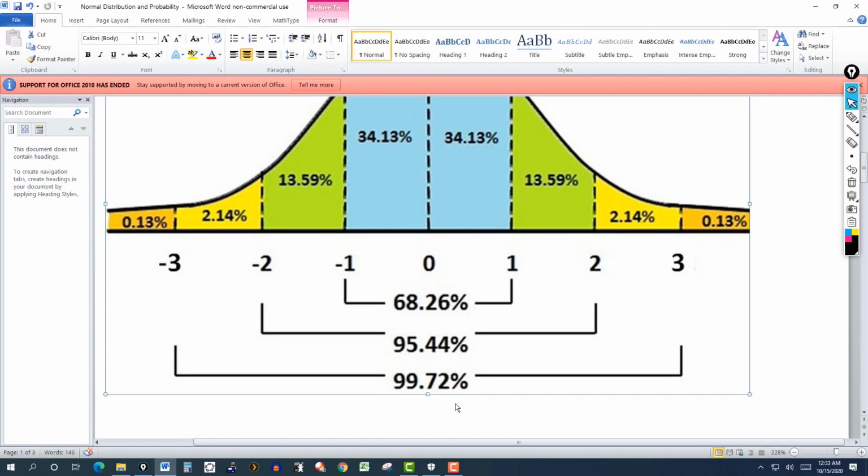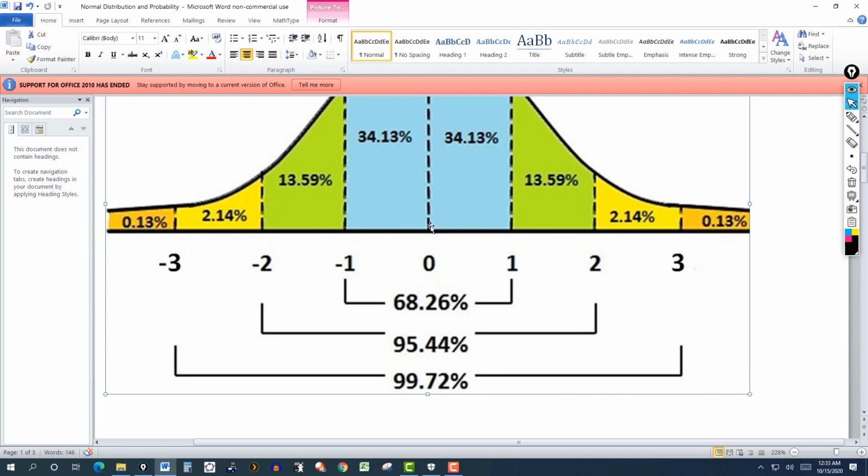Okay. Now, if you're talking about an intelligence test, IQ test, values between -1 and 1, or within one standard deviation of the mean, are considered average. Okay. Notice, what is the probability based on this distribution, this curve here, that a person scores higher than 145? Okay.